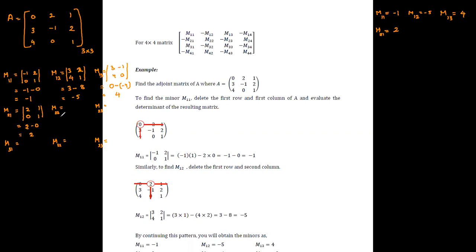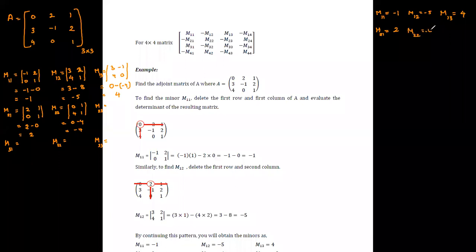If I directly write down the calculation steps, for M22, cut down the second row and second column. Elements will be 0, 1, 4 and 1. The value is 0 minus 4, which is equal to -4. M22 is -4.